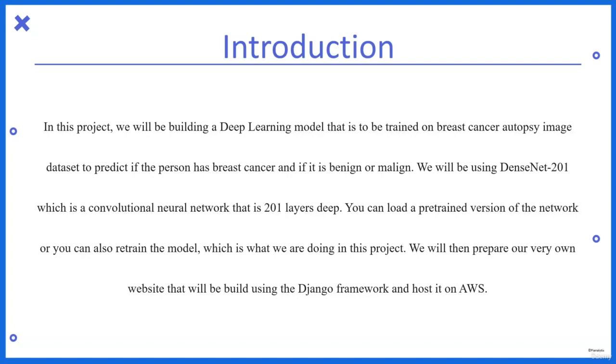Basically, it has 201 hidden layers. You can load a pre-trained version of the network or you can retrain the model. And we will be using the latter part, that is retraining the model, which we're going to show you in the first step, that would be building the model. We will then prepare our very own website that will be built using the Django framework and hosted on AWS.